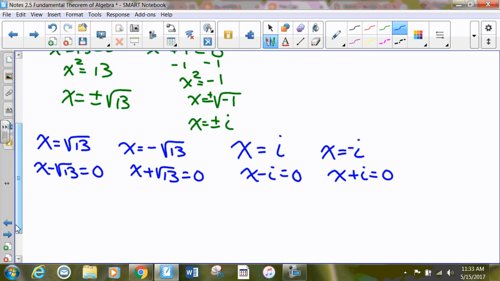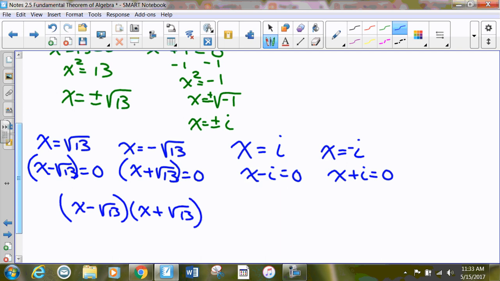I've got all my factors right here. There's one. There's one. And there's one. And our very last one is this. We're really going backwards if you look at it. I could put equals 0 here.